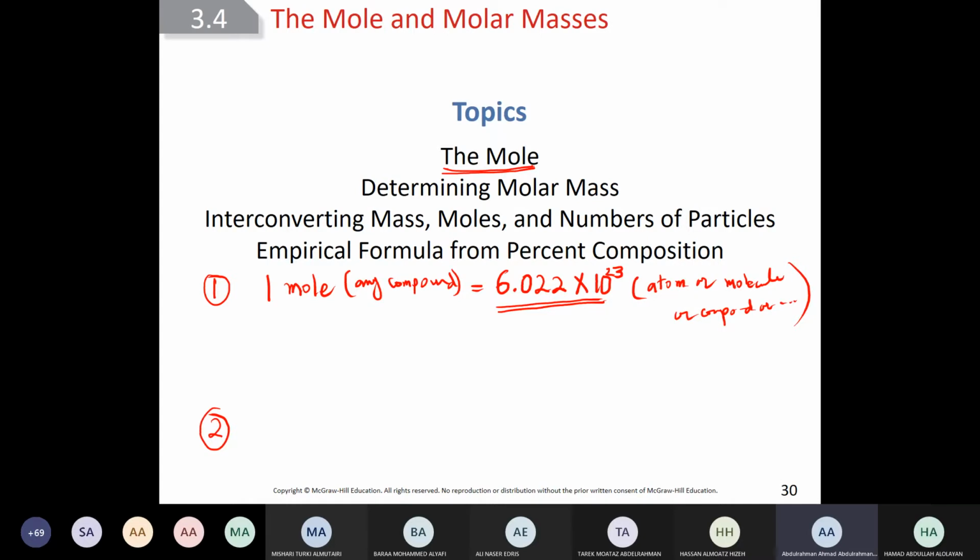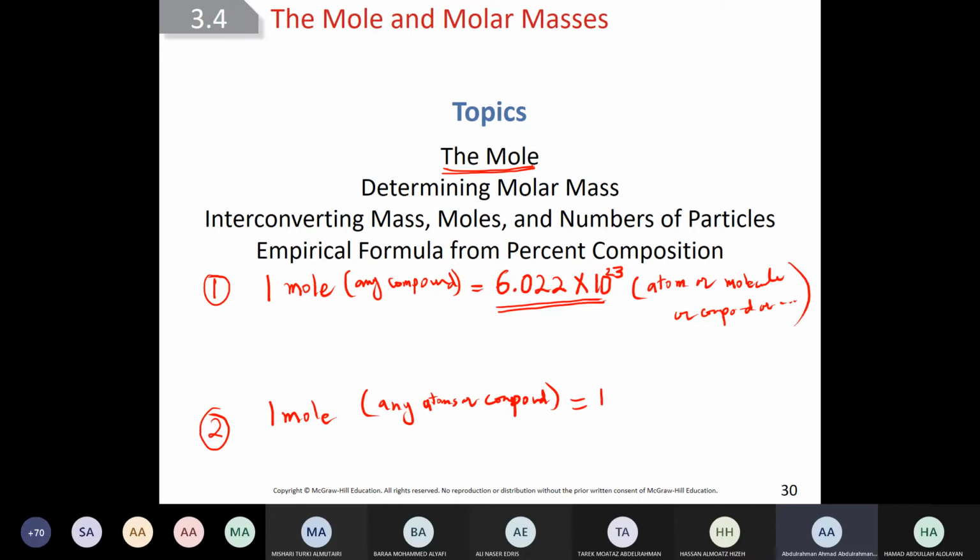At the same time, one mole of any compound or atoms equals what?